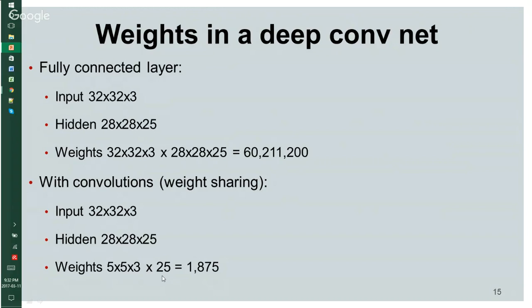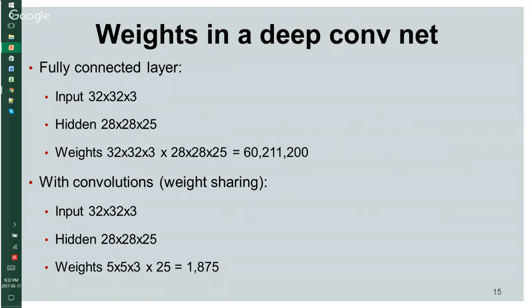So it's only 1875 weights as opposed to 60 million weights. So that's what you gain. Now, when you reduce these weights, you can increase the number of layers per hierarchies. The other thing it does is it forces detection of the same features at different places, in that it actually has a very powerful regularizing effect.